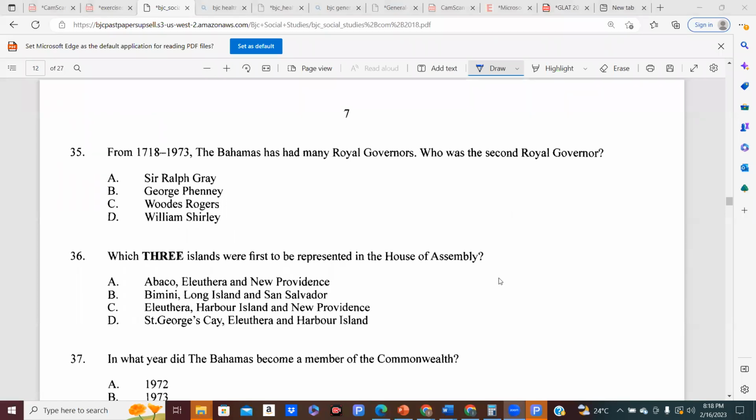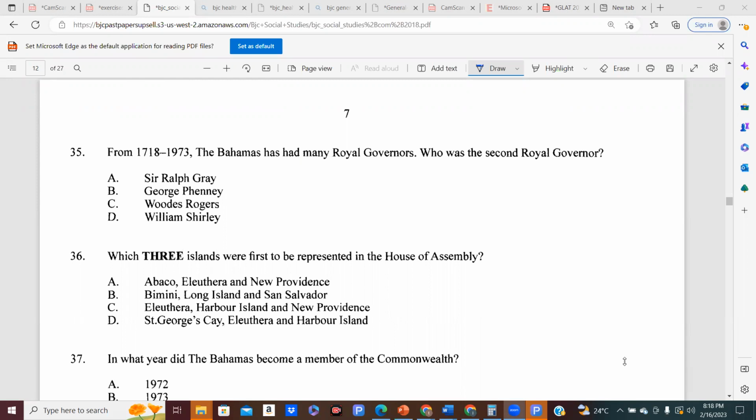Aiden Johnson, can you read number 35? From 1718 to 1973, the Bahamas has had many royal governors. Who was the second royal governor?